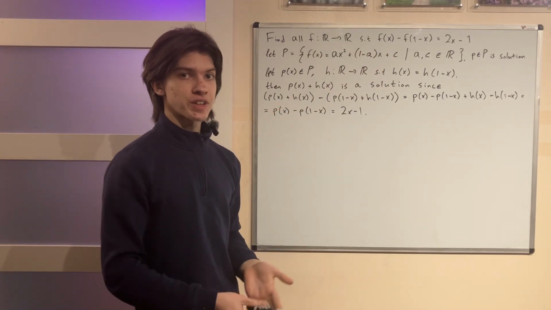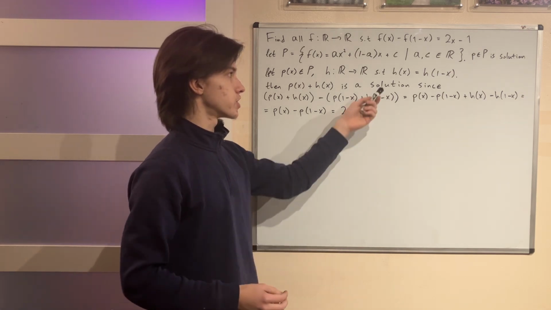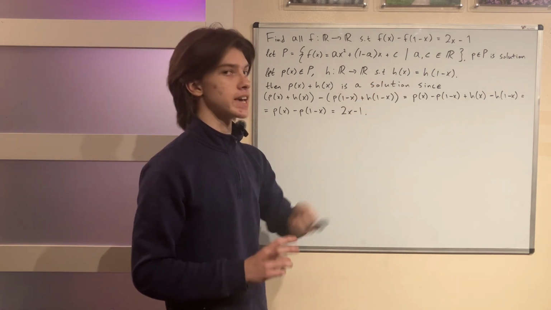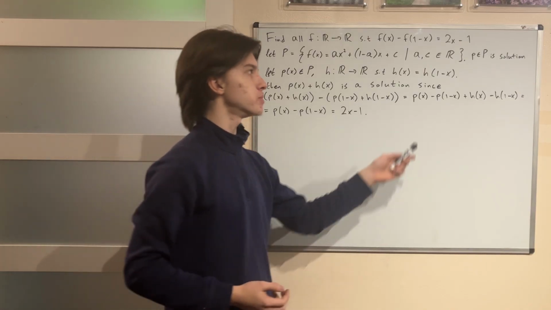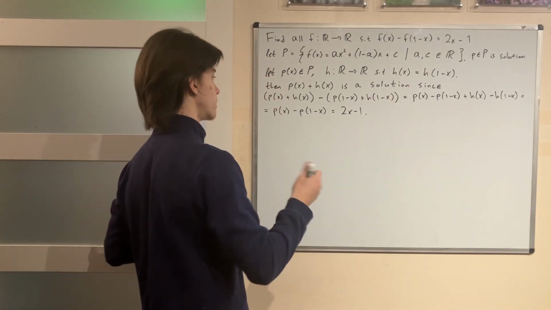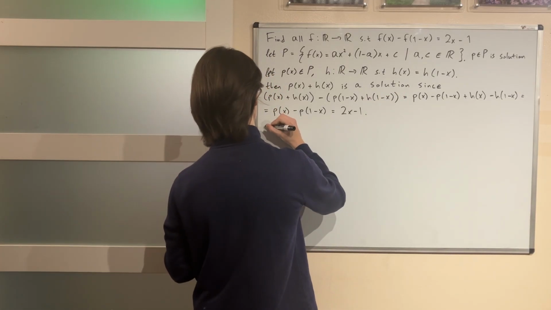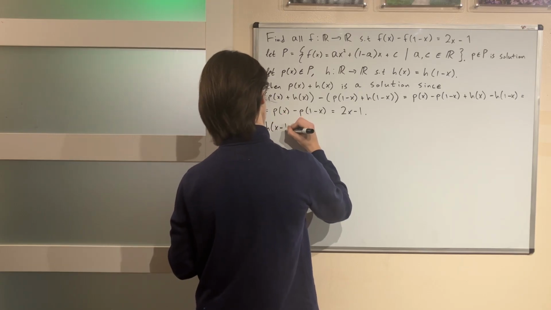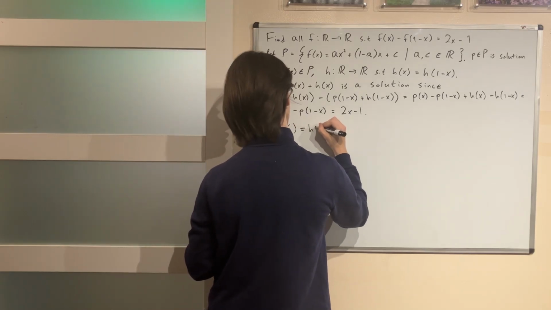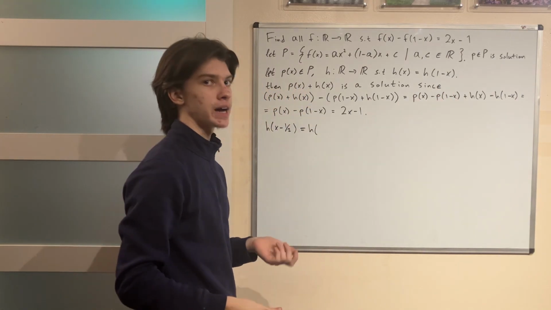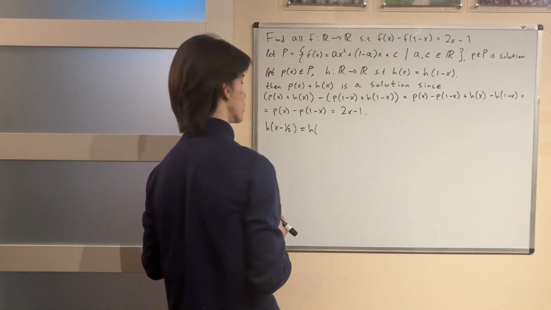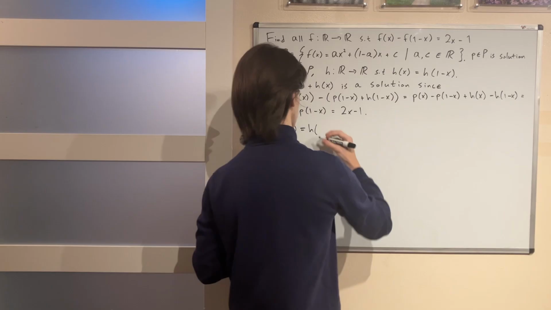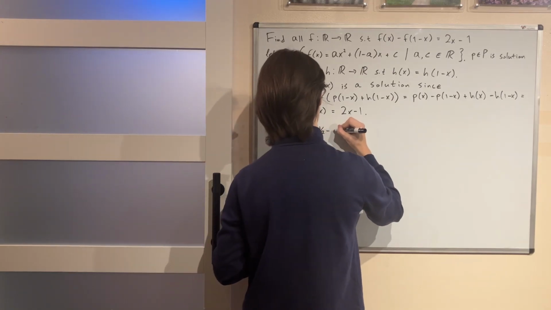So now it comes to solving another functional equation. What are the solutions to h of x equals h of 1 minus x? Note that since h is a function, from this equation we can deduce that h of x minus 1 half is equal to h of this whole thing minus 1 half. We're simply subtracting 1 half from both sides, from the input of both sides, which becomes 1 half minus x.